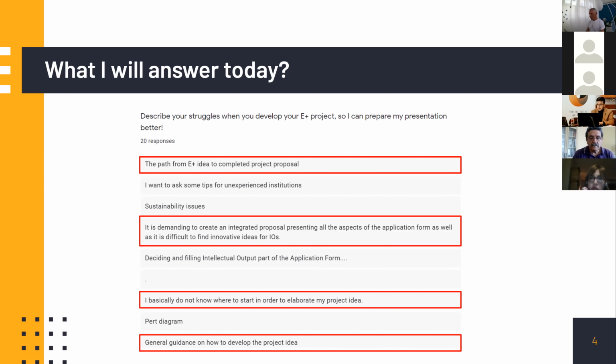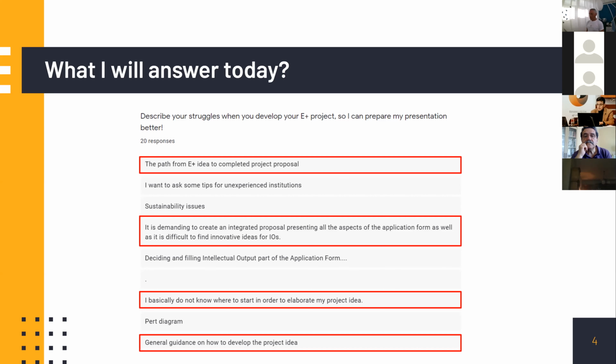And then I will talk about another question, demanding to create integrated proposal. This is the core of what I'm doing here. I'm not just trying to do something which will look like a European project, but really be integrated from basic idea to everything you need to be submitted at the end.